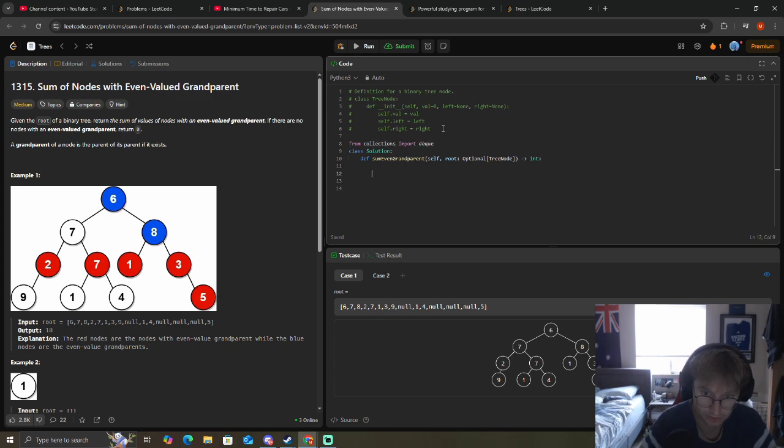Okay. Import deque, right? We're gonna create a queue. So q is equal to deque. We're gonna put root, parent, and grandparent. Well, I guess we're gonna pass in none for these ones, right? None, none.